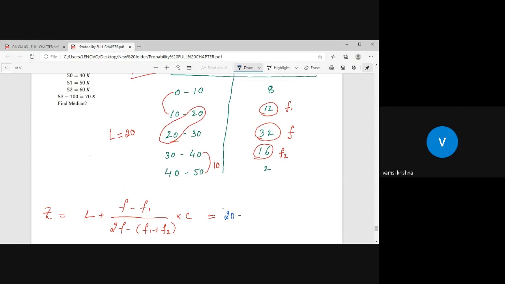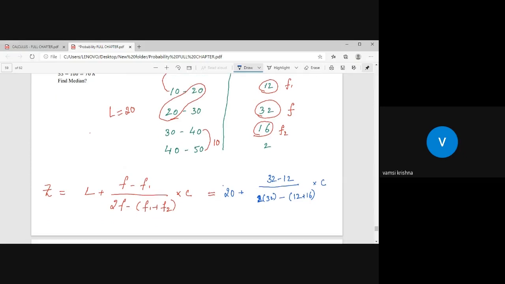L is 20, so 20 plus f minus f1, 32 minus 12, divided by 2 times of 32, minus f1 plus f2, 12 plus 16, into C. So 20 plus 20 by 64 minus 28, into class interval.